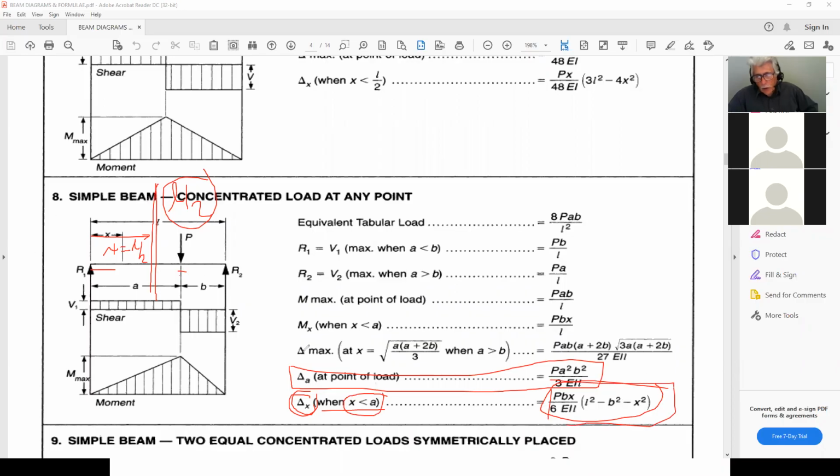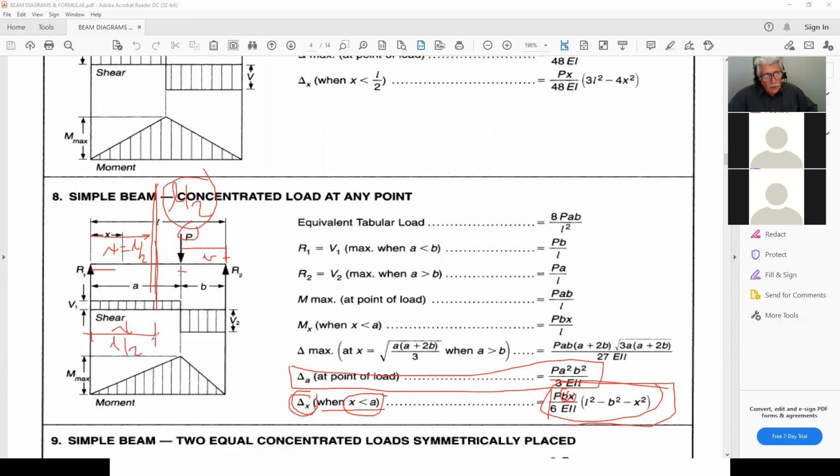So here, all it says is that I take my concentrated load, P, and multiply it by the value of B. B is the distance from the reaction on the right, or R2. This is the B value, whatever that is. And then I multiply by x, where I want to calculate my deflection. I want to calculate my deflection at L over 2, which happens to be x equal to L over 2.